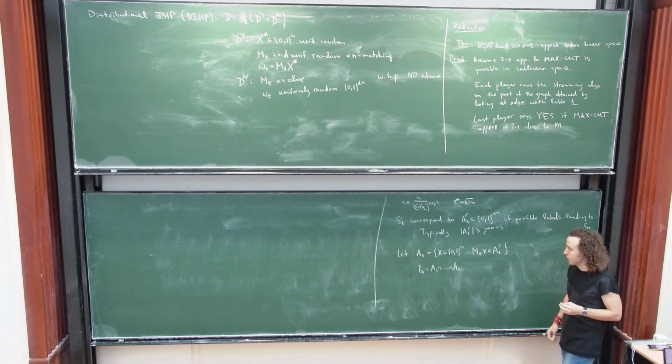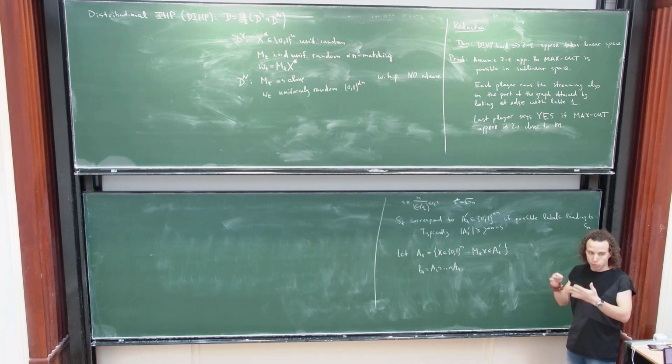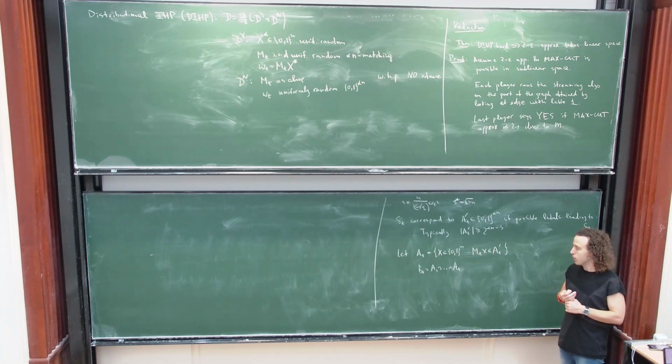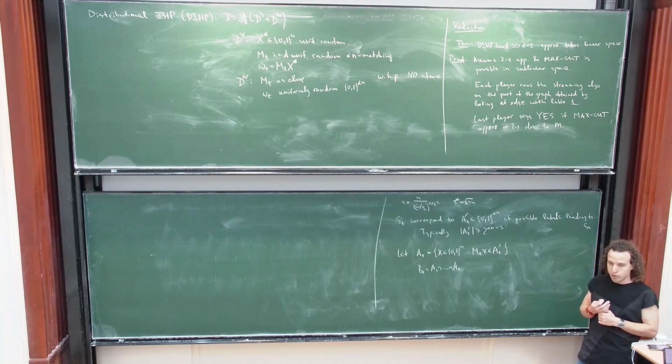What is our induction hypothesis? There are going to be several parts of it, but the most important part is going to be based on the Fourier spectrum of the indicator of that.